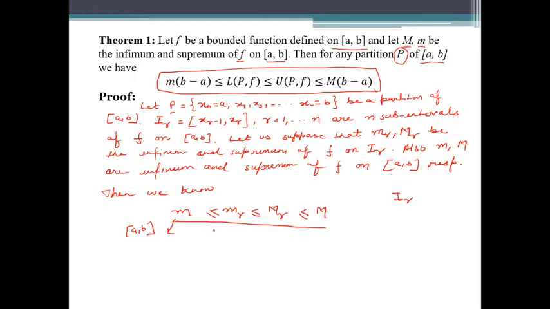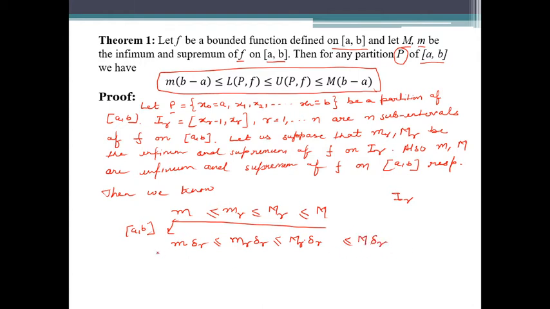Here if we multiply this inequality by delta r on both sides, it will be m into delta r less than or equal to m_r into delta r, less than or equal to M_r into delta r, which is also less than or equal to M into delta r.